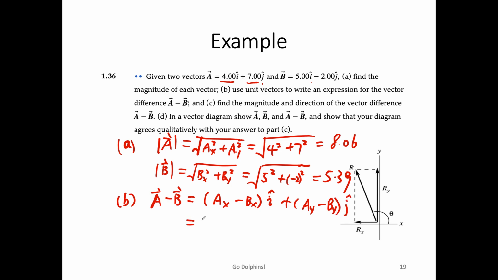Now ax is 4, bx is 5, ay is 7, by is negative 2. So we get negative 1 i, then 9 j. So this is a component expression of A subtract B.